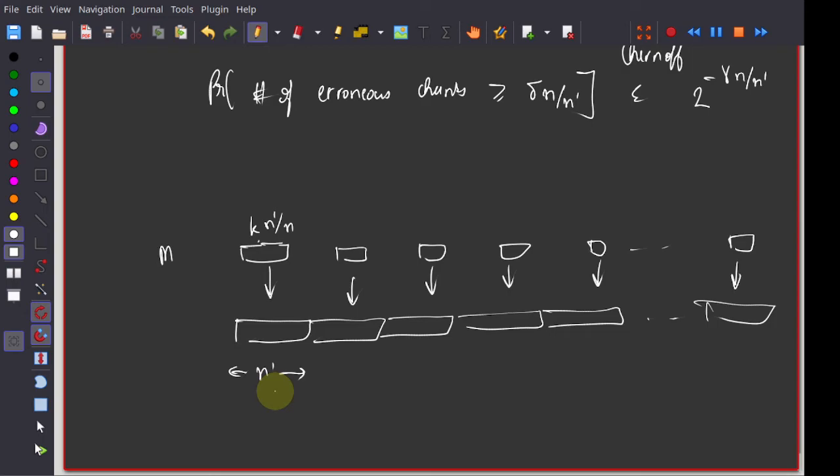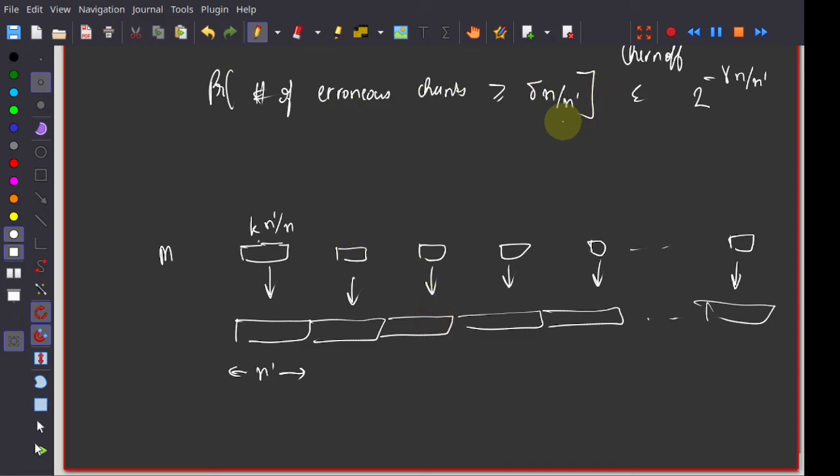So this is what I started off with. Now what I know is that if I use such a scheme, then some of these chunks could be in error, but not too many of them.